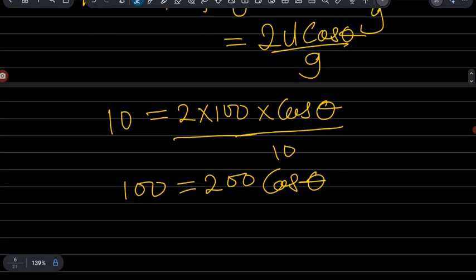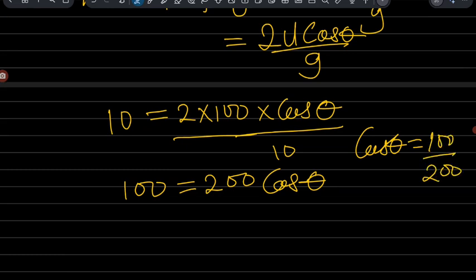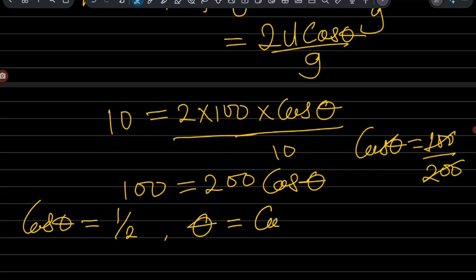Let's make cos theta the subject of the formula. We have 100 over 200, it cancels. So cos theta is equal to 1 over 2. Therefore, theta is equal to the inverse cos of a half, which is equal to 60 degrees. So the angle being used is 60 degrees.